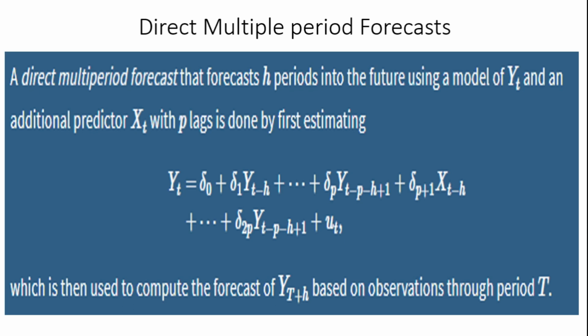And so the direct multi-period forecast, for example, to obtain a 2 quarter ahead forecast of GDP growth and the term spread, we first estimate the equation of GDP in function of other lag variables as well as term spread, and then substitute the value of GDP growth of quarter 4 of year 2012 as well as GDP of quarter 3 of the same year, the same situation with term spread, in both equations.